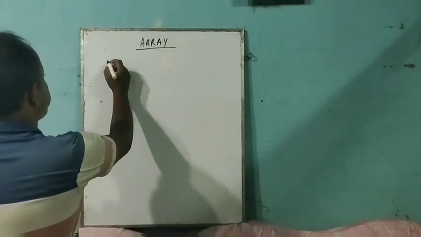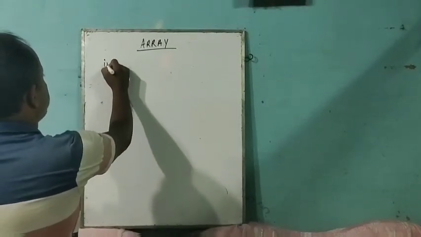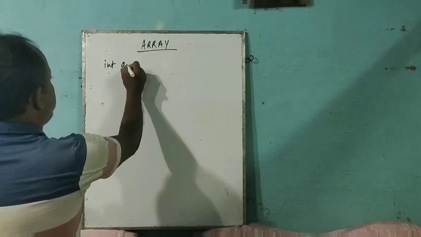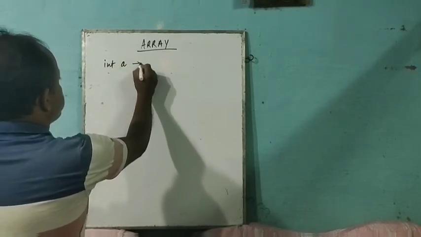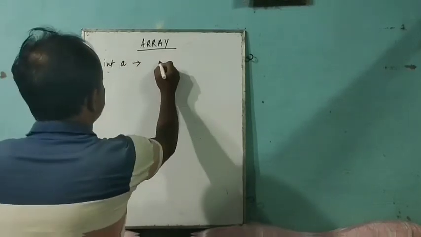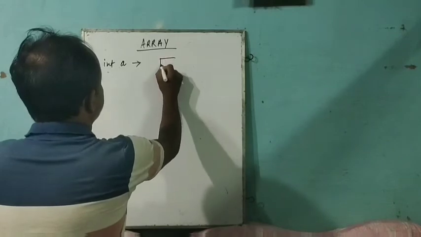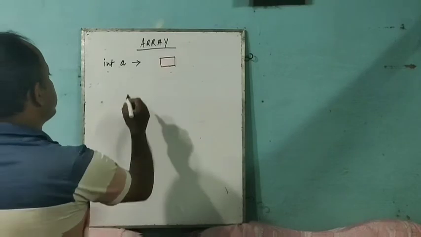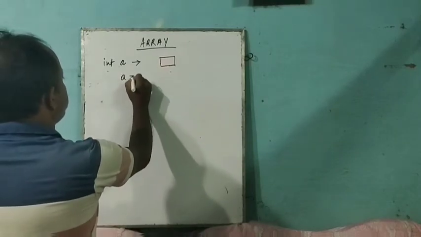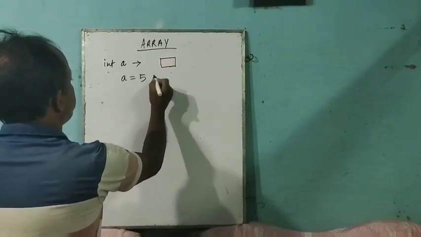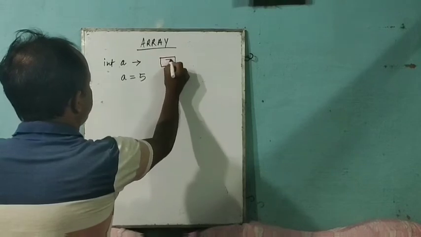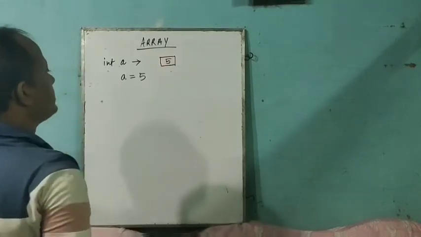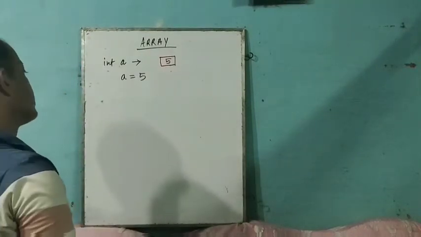Say, for example, if I write int a, this is one integer variable with one memory storage location. So if I write a equal to 5, then 5 will be stored in this storage location.